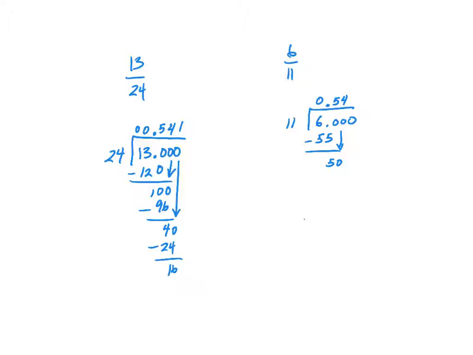It doesn't really surprise me that my tenths and my hundredths place are the same, because when I was comparing them in the last step, I noticed that both my fractions were very, very close to each other. So I'm going to have to go all the way to the thousandths place, and 11 goes into 65 times. So I've confirmed that 6/11 is approximately 4 thousandths larger than 13/24.